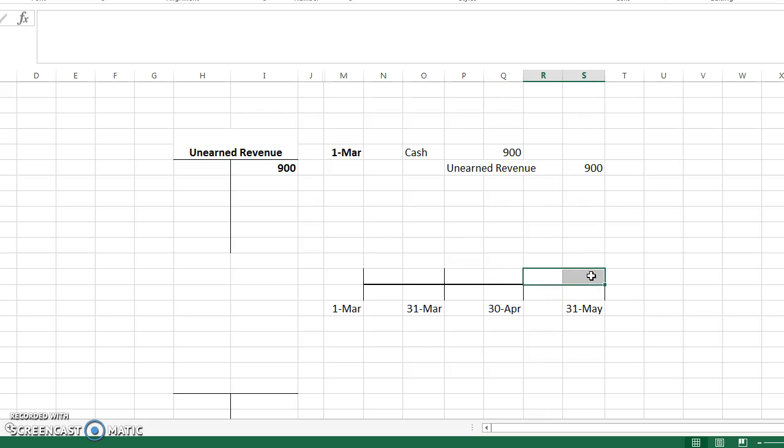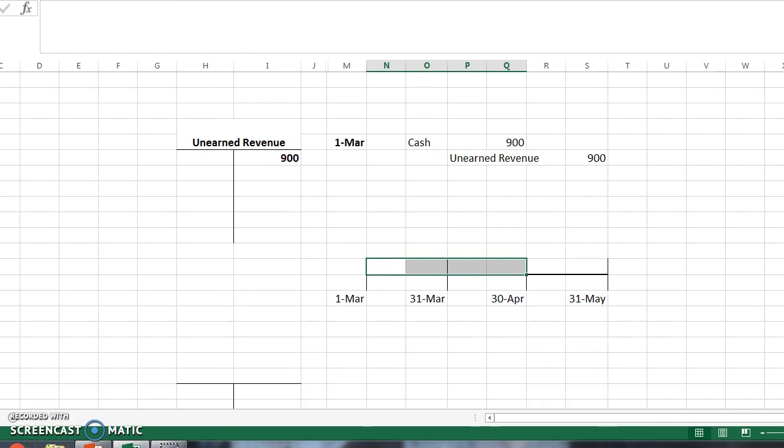So remember, the problem says our year end is April 30th. That's right here, right? So by that time, and we'll highlight that. Let me move this a little bit. By that time, 2 months, all of March and all of April, have been spent in that office space or whatever the space is that they're renting.